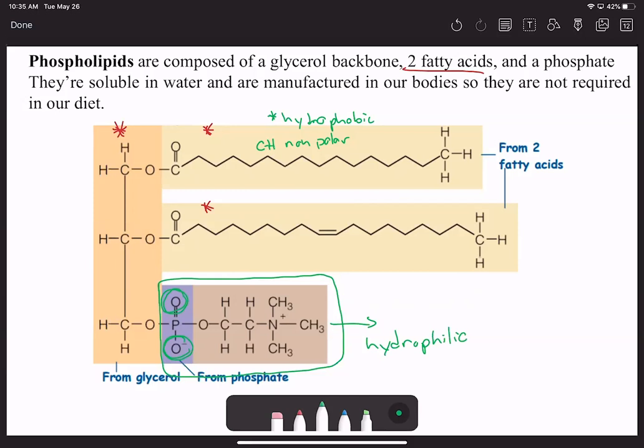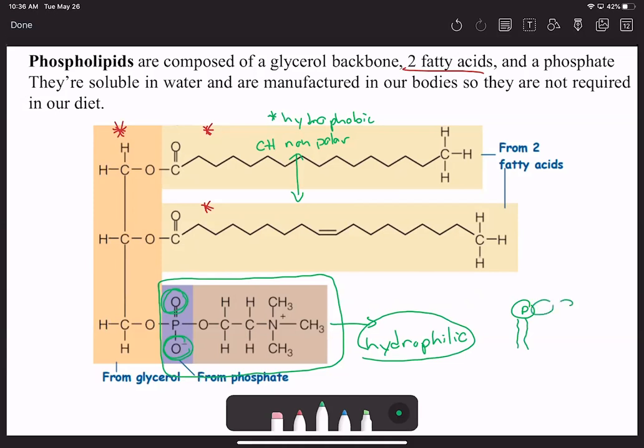So these ends over here that contain all of these carbon-hydrogen bonds are going to be considered hydrophobic, and then we have one portion of it that's going to be hydrophilic. So this is going to be my phosphate end, and then I'm just going to draw these little tails here, and that's going to represent the fatty acid tails.